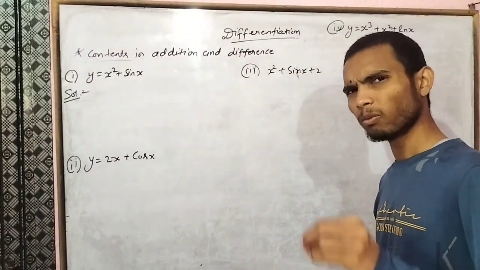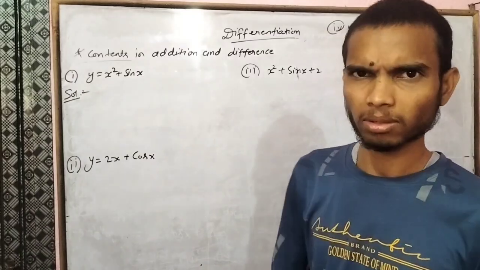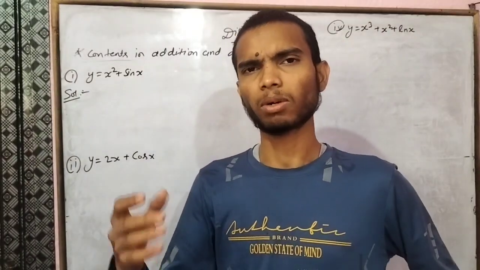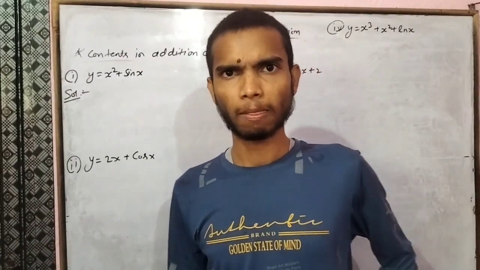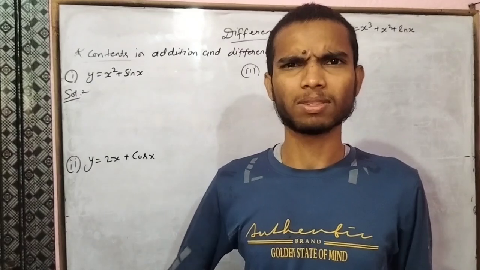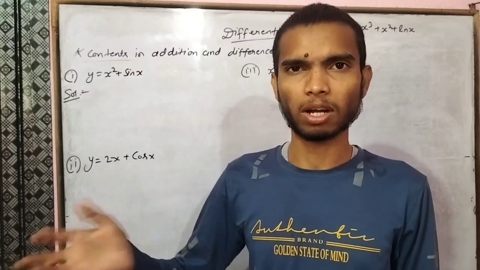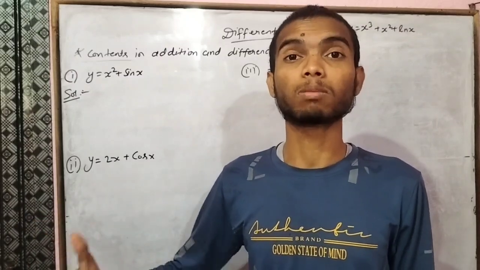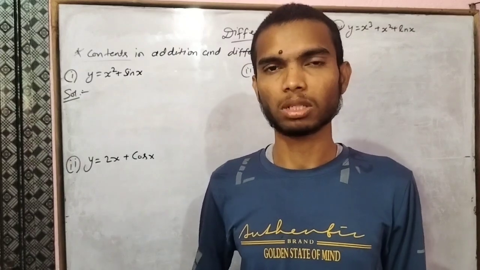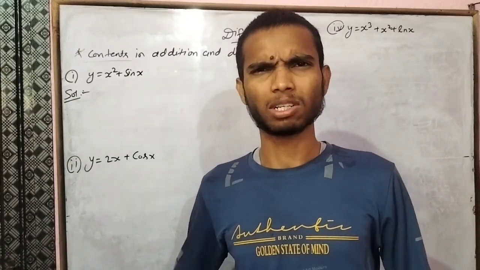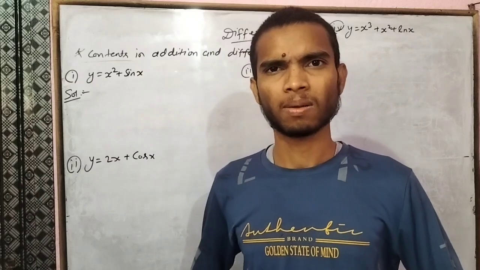How? We may have four terms or five terms, six terms, seven terms, 10, 20.